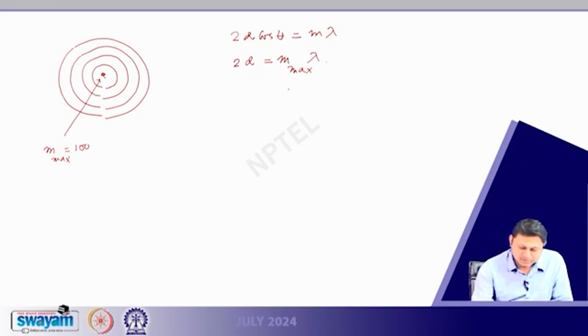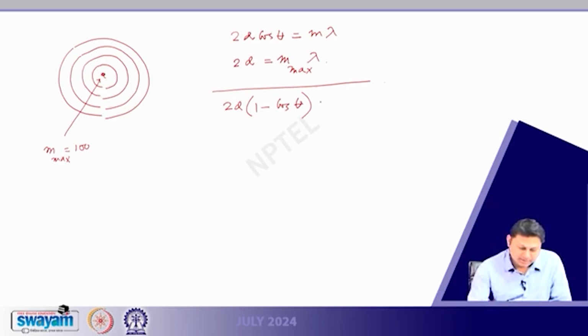From these two expressions one can get 2d (1 minus cos theta), subtracting the lower one from the upper one, equal to (m max minus m) lambda, or simply p lambda, where p is a new integer.